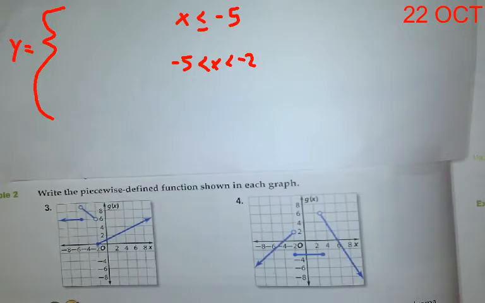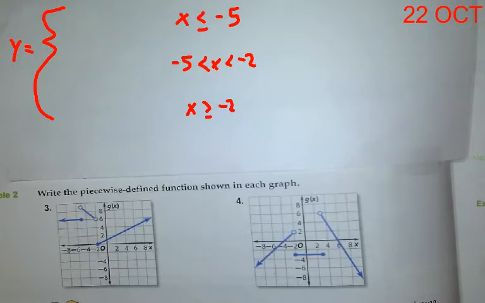And then this one starts at -2 and goes to the right forever. So we're going to say all the numbers greater than or equal to -2. So see, we did the domain of this already. The domain of this line, the domain of this line, and the domain of this line.